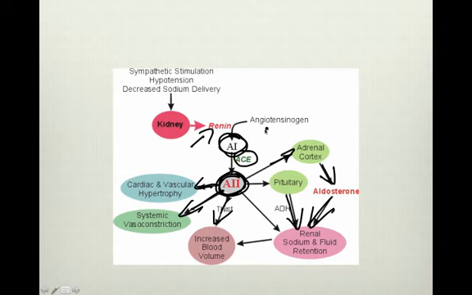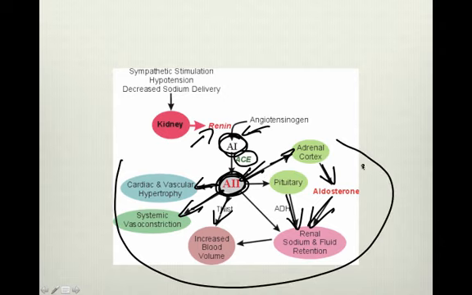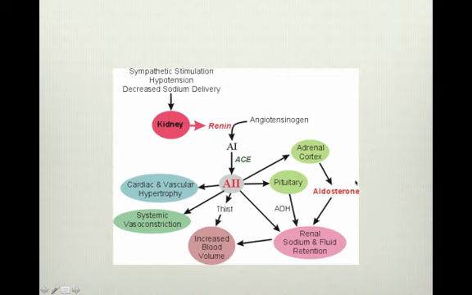So if we can stop the conversion of angiotensin I to angiotensin II, we will get a decrease in all of this. That was a long dissertation to tell you that we're fixing to talk about an ACE inhibitor. If I block ACE from working, then angiotensin I never gets taken to angiotensin II.